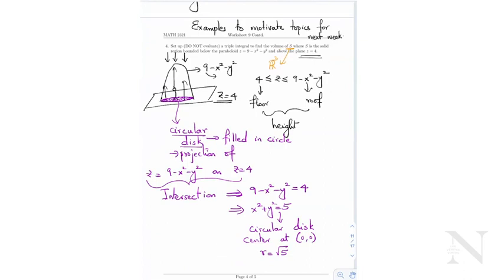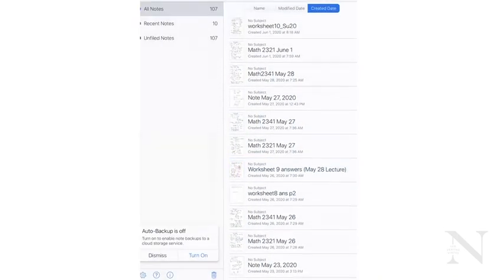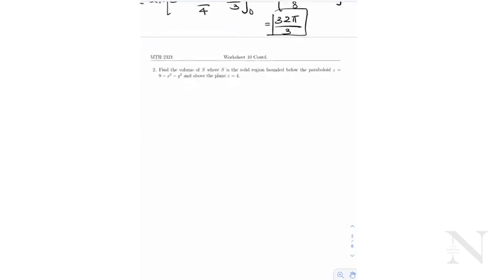So this is what we did last week. This was the first example which we did as a motivation for today's lecture. So z equal to 9 minus x square minus y square, above the plane z equal to 4. If you have those answers with you, you could refer back to that and come back to this.